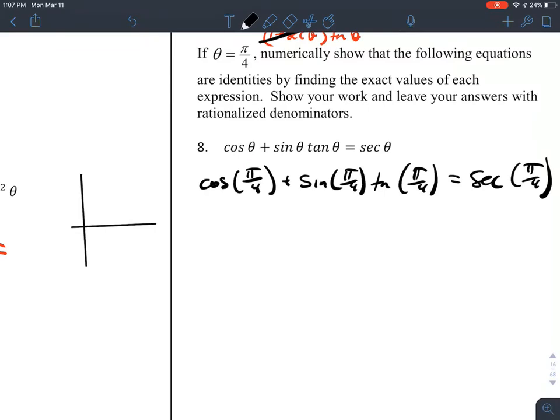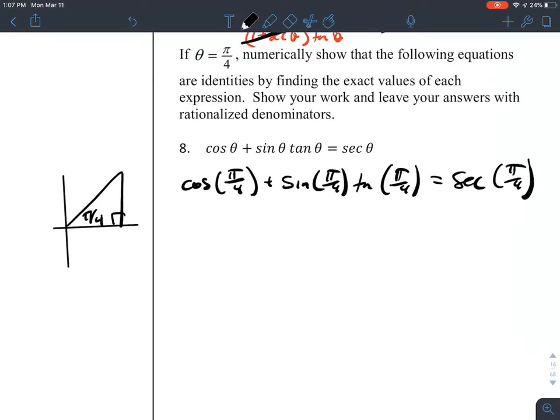Pi over 4 is in quadrant 1, also known as a 45-degree angle. So we could think of this in a few different ways. We could think of this as the radius is 1 and each of the legs square root of 2 over 2. Or if you prefer, you can think of each of the legs as 1 and the hypotenuse is square root of 2. Either way, good things are going to happen.